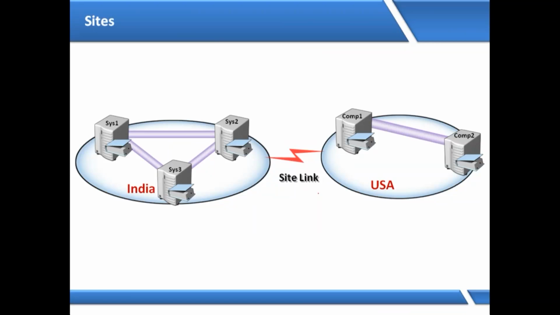Now I'll show you how to create the site, how to create the site link, then data replication. How to apply the group policy on a site, that we will discuss tomorrow, because we are going to start group policy tomorrow.